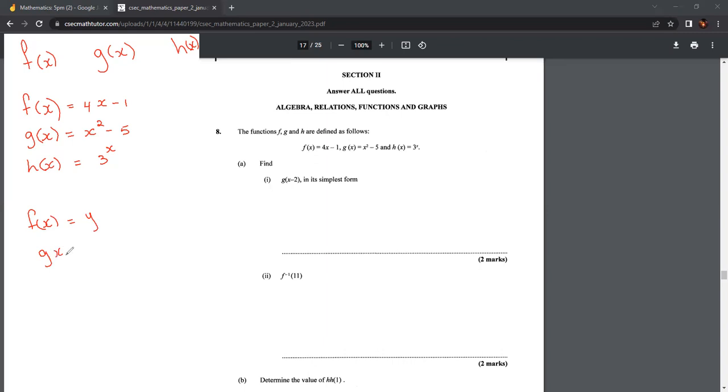Your g of x is actually y, but y of another graph. Your h of x is actually y, except for another graph or another line. So these are actually the y values of 3 different graphs. They use different letters for you to distinguish that it's 3 different graphs that we're relating to.